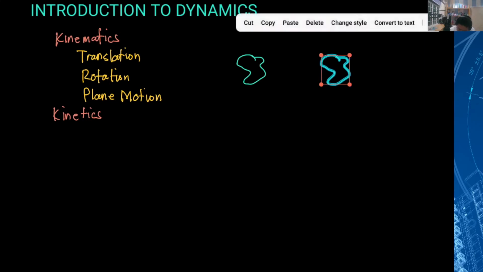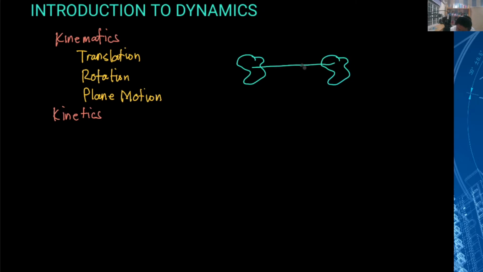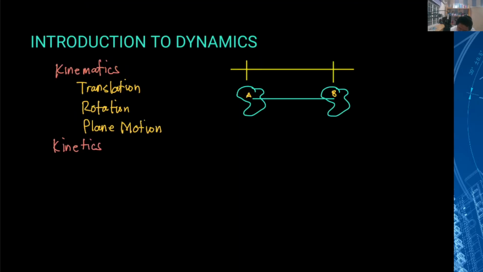What is translation? If you have a body and it moves from point A to point B, since A and B move along a straight line, this is called rectilinear translation.